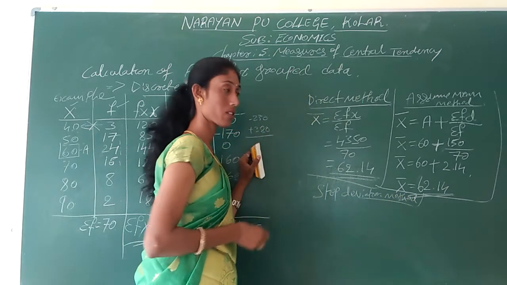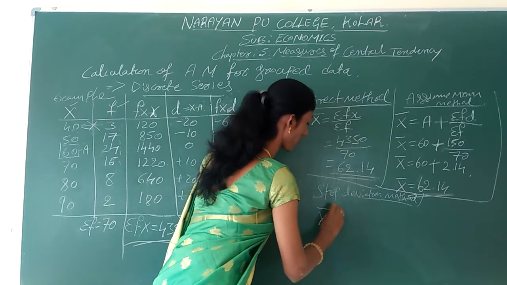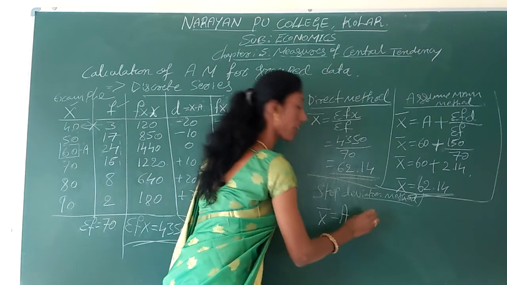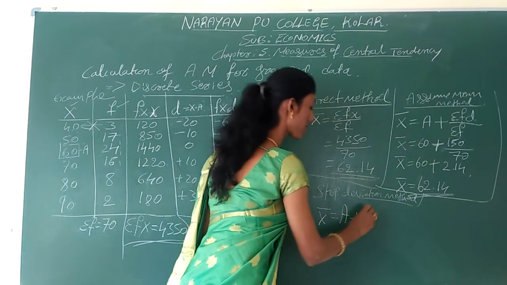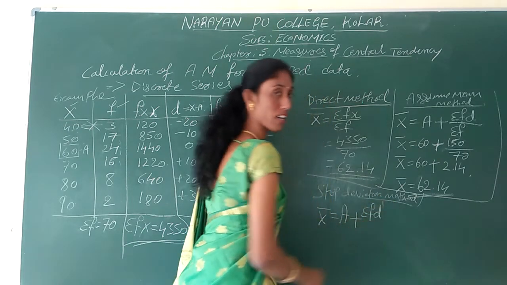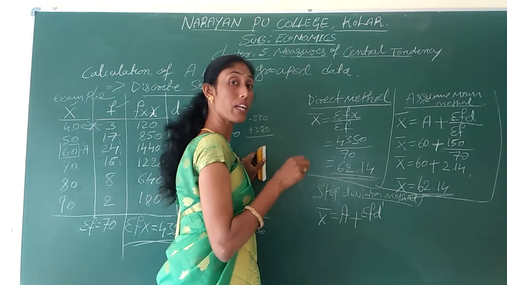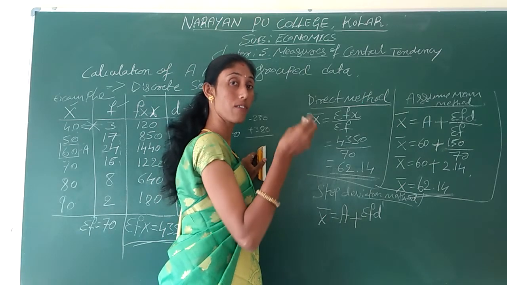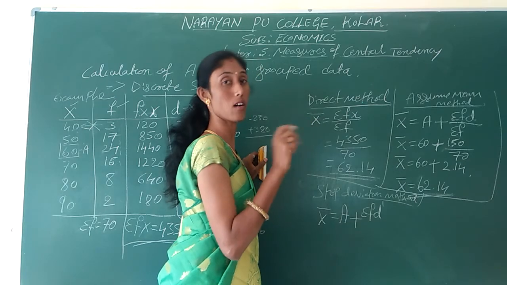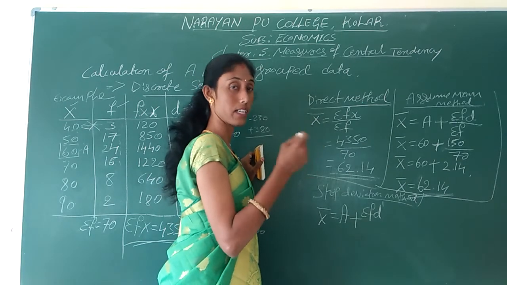Under the step deviation method, we have the formula, that is x bar is equal to A plus sigma F d dot. D dot, we already know that. D dot means when we divide the deviations value by the common factor, that is nothing but d dot or d dash.